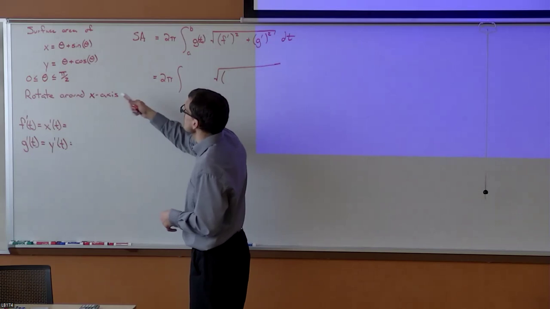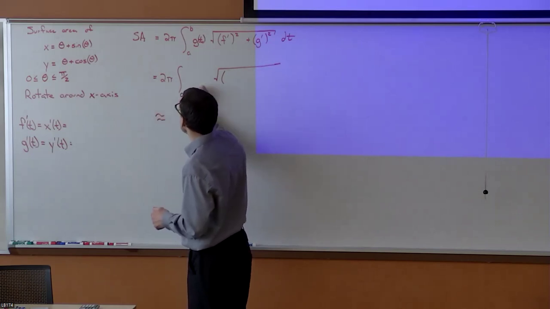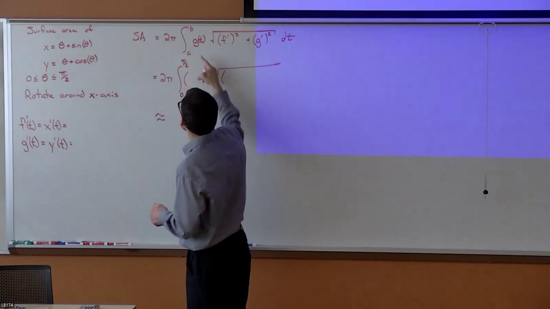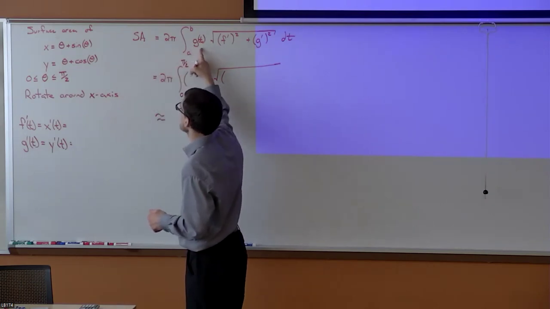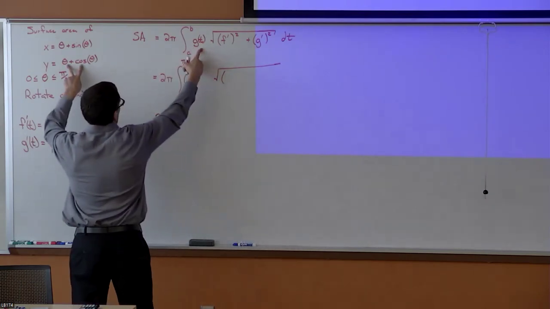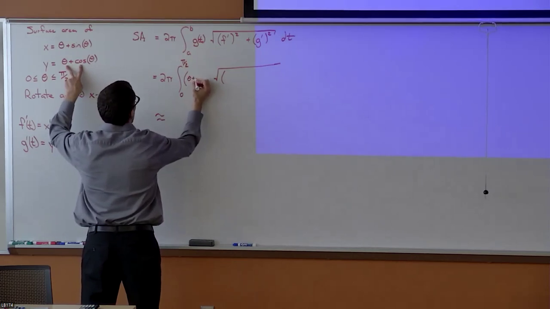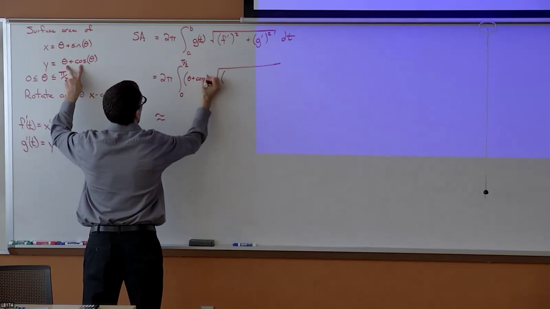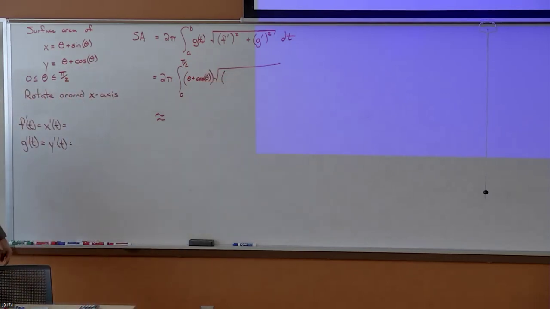So if we're doing our surface area, we're going to be integrating from 0 to pi over 2. Since I'm rotating around the x-axis, the y value function is the one I need to put out front.